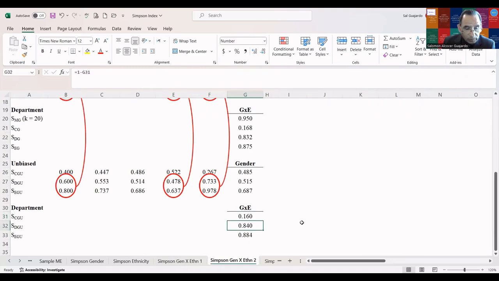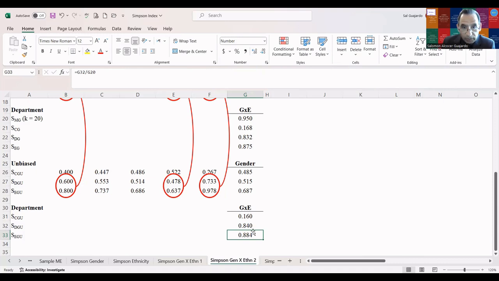Again, to obtain the unbiased diversity score, it's going to be the 0.16, subtract that from 1, which is 0.84. Again, the unbiased diversity score for gender and ethnicity is going to be the 0.84.